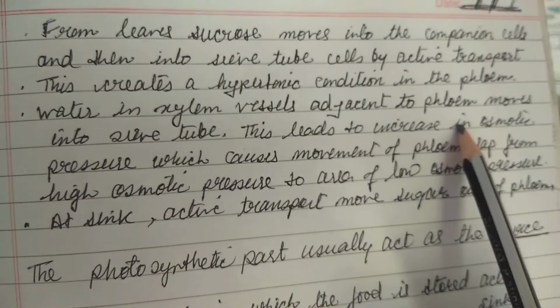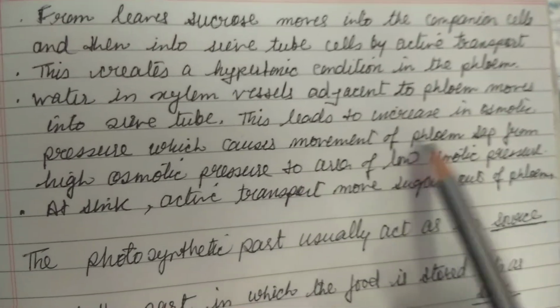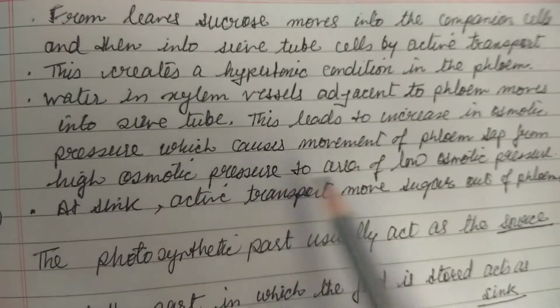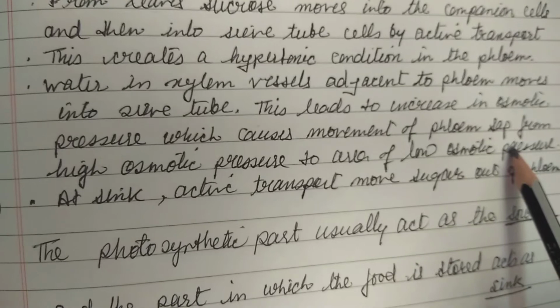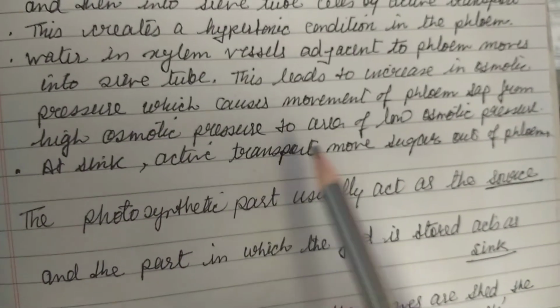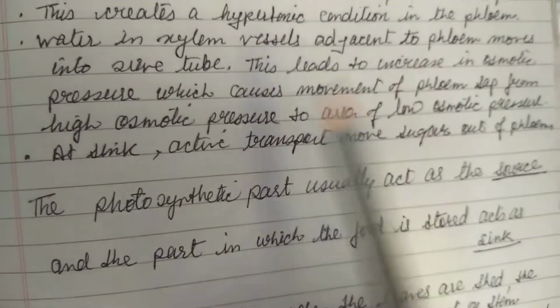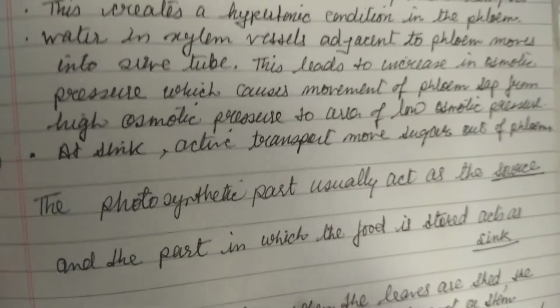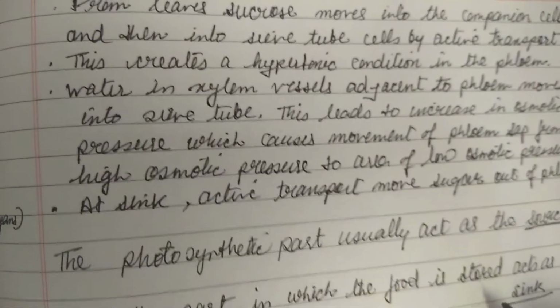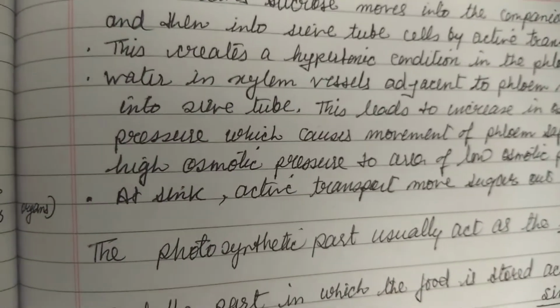And this leads to an increase in osmotic pressure, which causes movement of phloem sap from high osmotic pressure to the area of low osmotic pressure. So again at the sink, active transport moves sugar out of the phloem. So I hope this is clear to you, how the sugar is moved from source to sink.